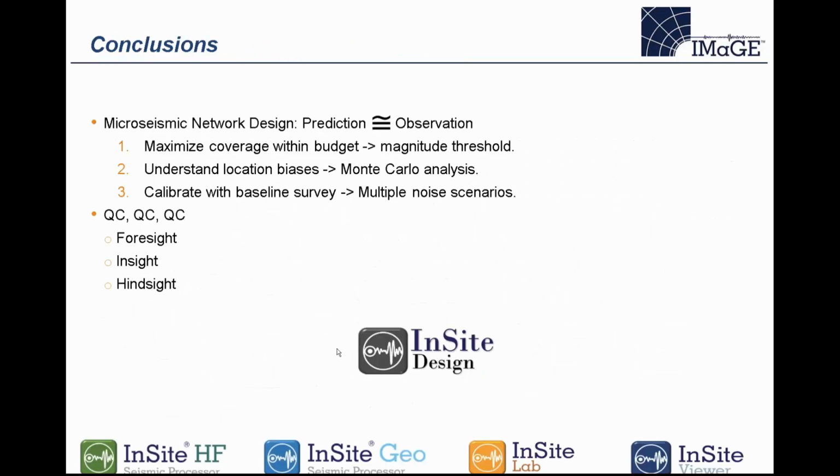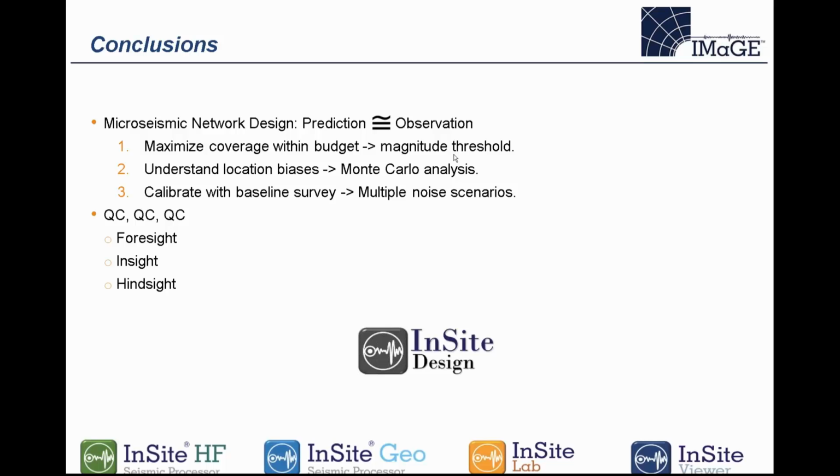So that's my conclusion here. We have a microseismic network design. We predict the performance, and then we look at the data, and the observation looks very similar. So we think the following 3 steps are critical to making our prediction consistent with the observation.